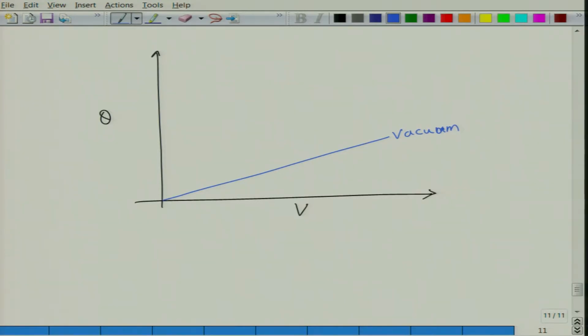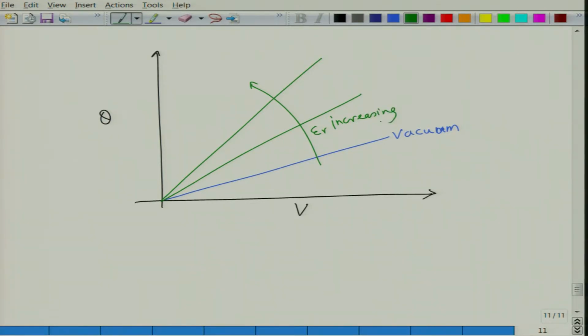As you increase the voltage, you increase the charge, and when you have a dielectric material, as you keep increasing epsilon r, where epsilon r equal to 1 is the vacuum case, for the same voltage you increase the charge storage capacity.